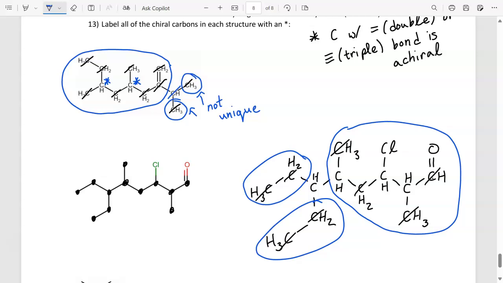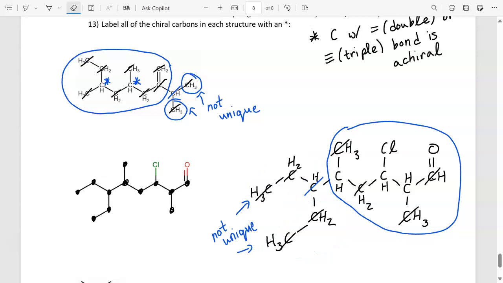Now, the issue is that here again, we have a 2 carbon chain long, and so those are not unique. So that means that this carbon cannot be chiral because you have 2 non-unique groups that are the same. Then I erase my circles and I focus on the next carbon.